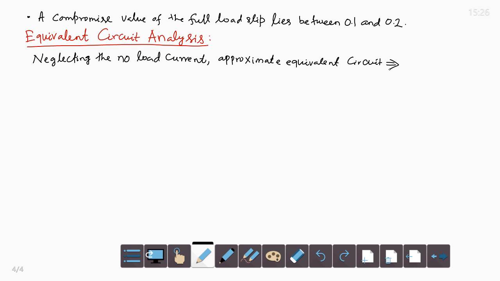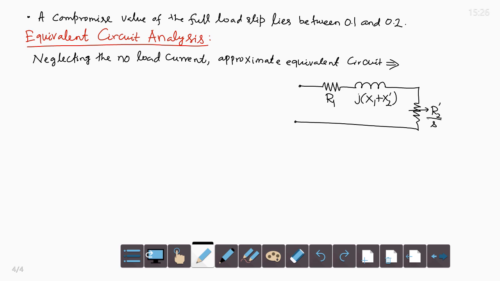Like this. Stator resistance R1, reactance jX1 plus X2 dash and R2 dash by S. This is the voltage V1 at 0, this is the current I1. So, we have omitted the no load branch, magnetizing and loss branch. So, no load current is neglected.